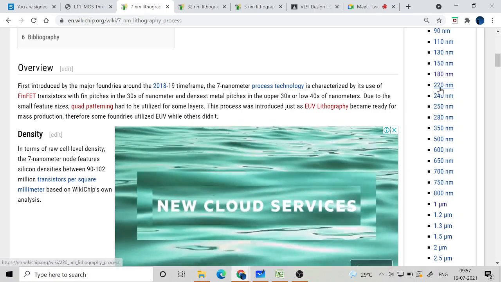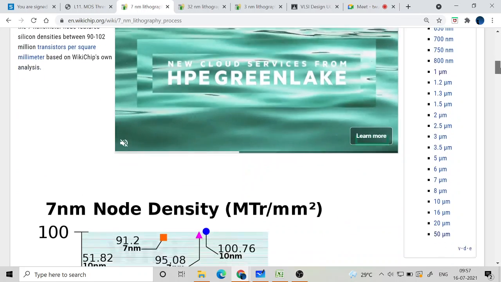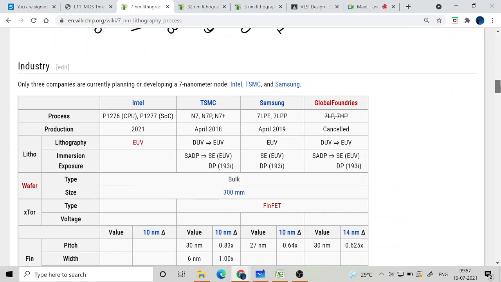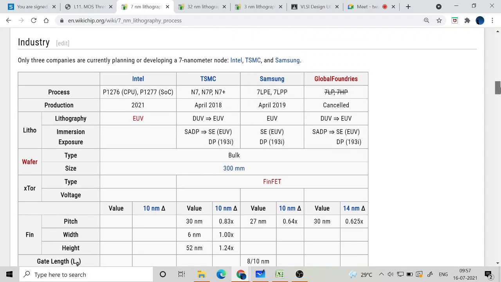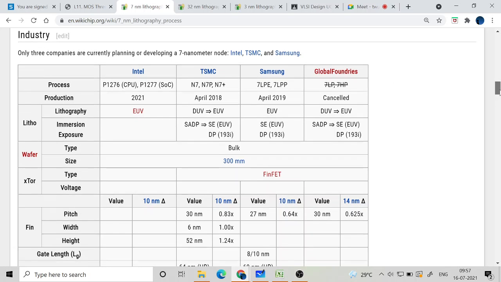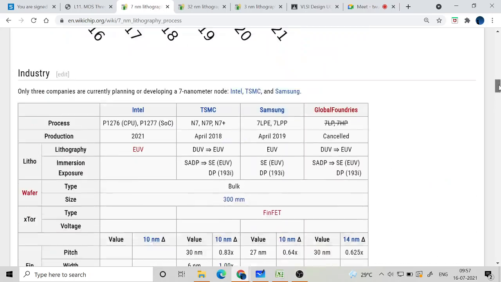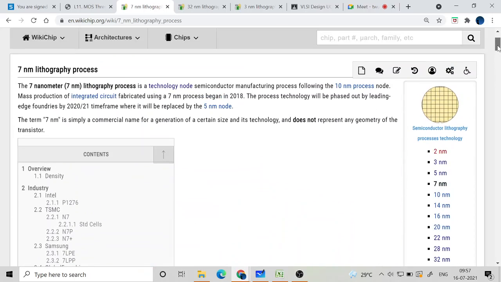That's why I said most of the mobile phones that you carry will have a chip, Snapdragon, etc., designed for 7 nanometer, and they will give the design to TSMC or Samsung to manufacture it.